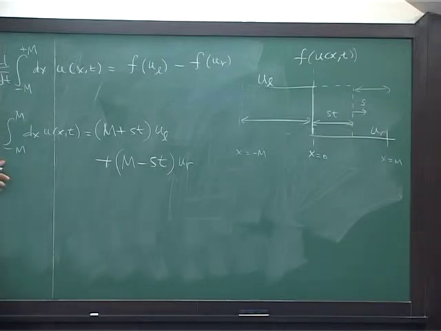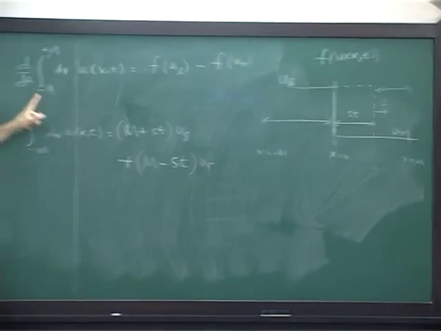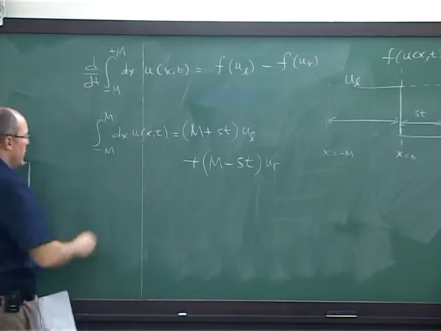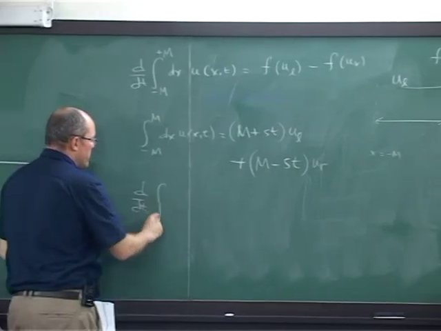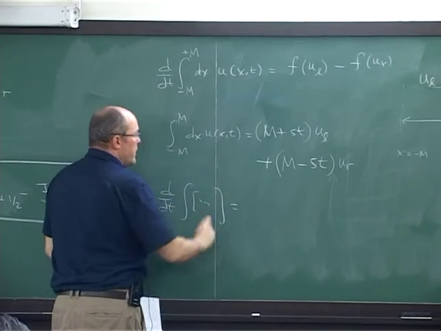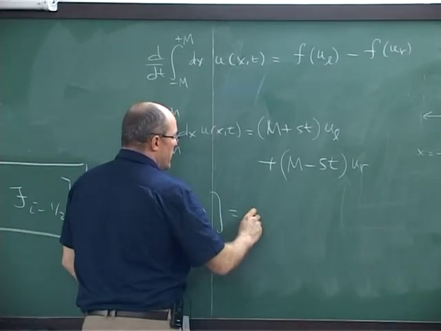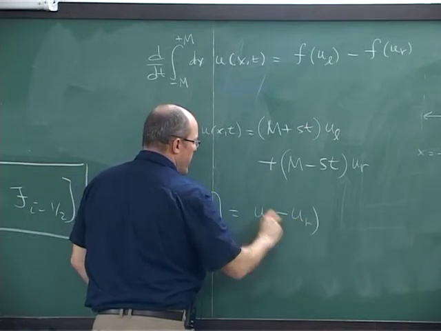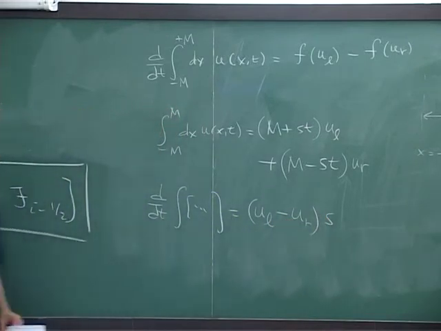Now I can just differentiate this integral. I need the time derivative of the integral up here. I can differentiate this result immediately, and the time derivative is simply ul minus ur times s.